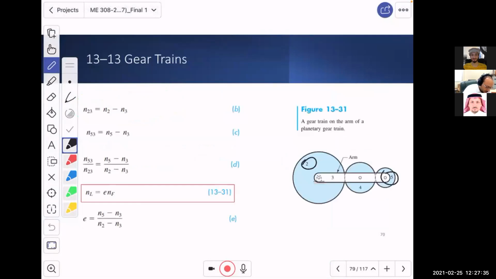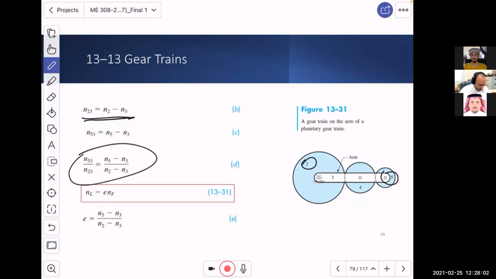Because here we made the same analogy in the sense that the ratio is between the relative rotation between 2 and 3, which is equal to N2 minus N3. Here we said N2 minus N3, and then 5 and 3. When we took the ratio over here, we ended up with 5 and 2. 5 here is the last, right?